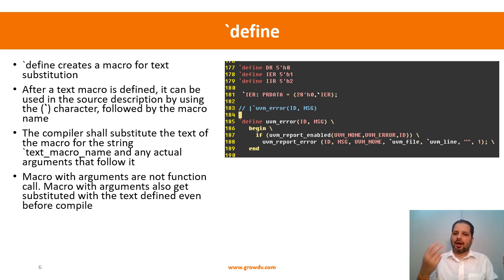So you can do some level of code generation with macros where you pass the arguments. And second, since no actual function call takes place, these run fast, because the overhead involved with a function call, like putting things on the stack, doesn't exist when you use macros.